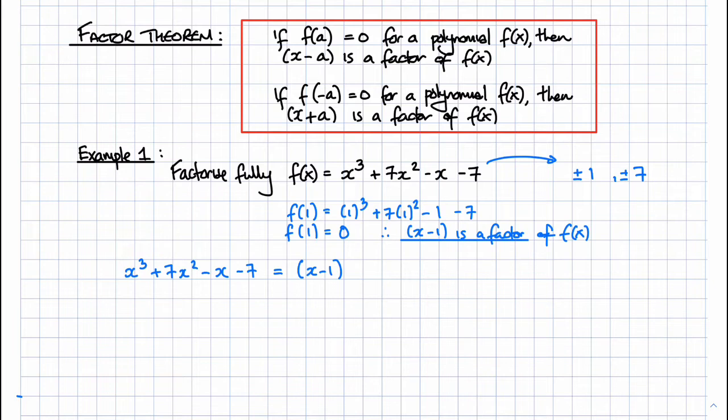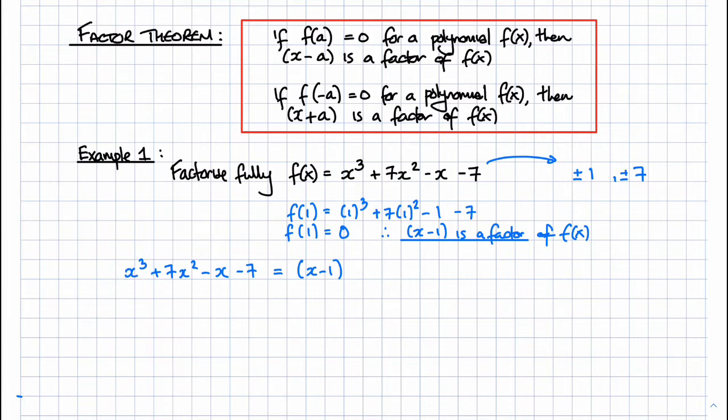Now we need to ask ourselves, if I want to fully factorize, this linear factor needs to be multiplied by some other factor that will give us a cubic polynomial. Well, a cubic polynomial has degree 3. We've currently got a linear polynomial which has degree 1. So it makes sense for us to multiply this linear polynomial by a polynomial of degree 2 to give us a polynomial of degree 3.